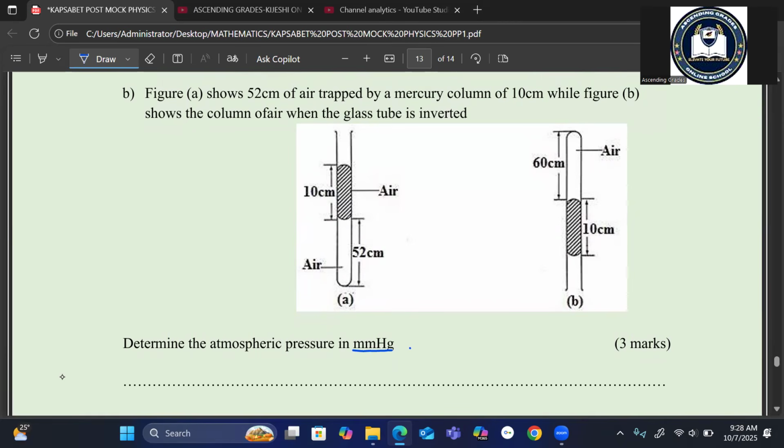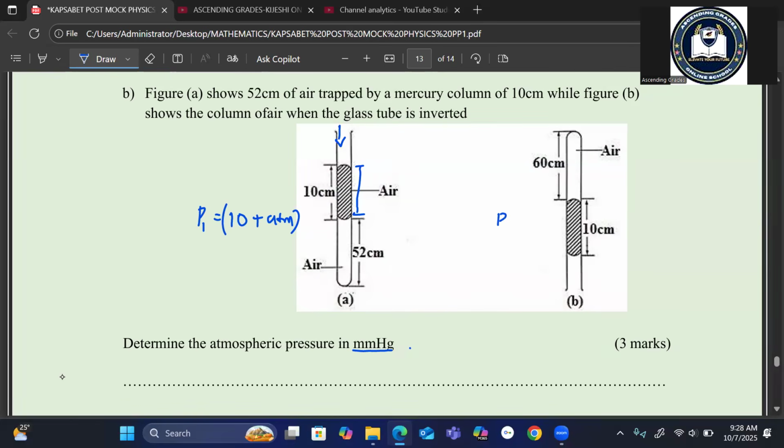So in this case, we need to look at the pressure of the trapped air. You can see the mercury column is acting downwards. Remember, we are working with centimeters. So it will be 10 plus atmospheric pressure, ATM.